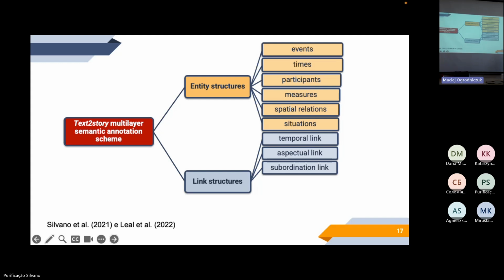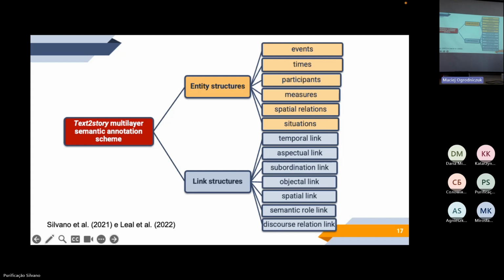Okay, to travel to Portugal has a subordination link to bought a car, right? Purpose. We also have objectal links that are established between participants. The spatial links I told you about are established between the object that is located and its location. The semantic role links are used to establish relations between events and participants, and finally discourse relations.